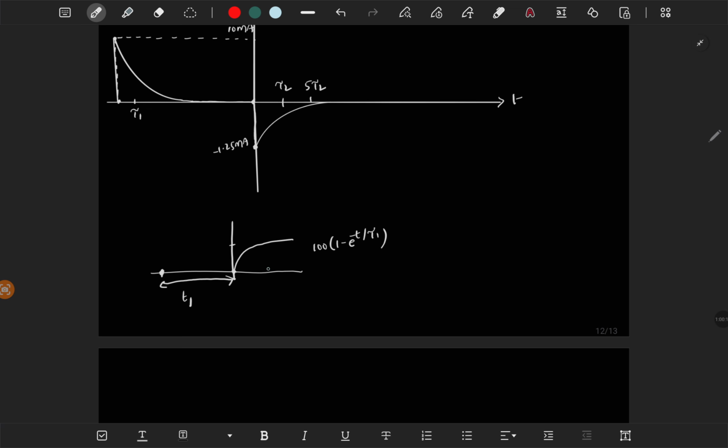If this time is t1 and we left shift this whole graph, then from 0 it is going to minus t1. It means at t equal to minus t1, if you substitute, you have to get this value same as this value.